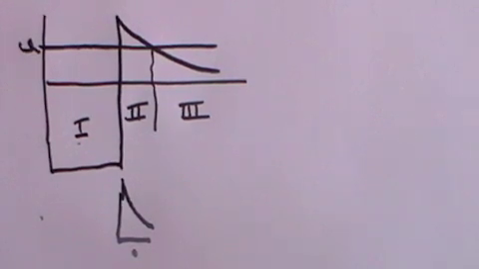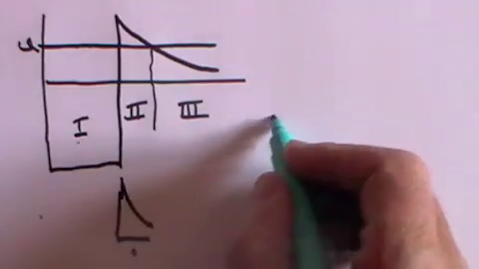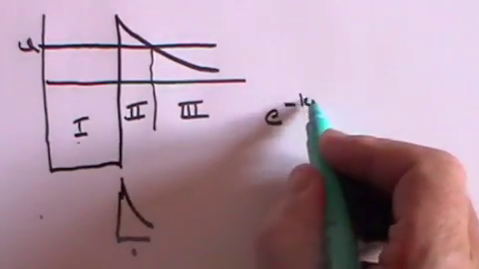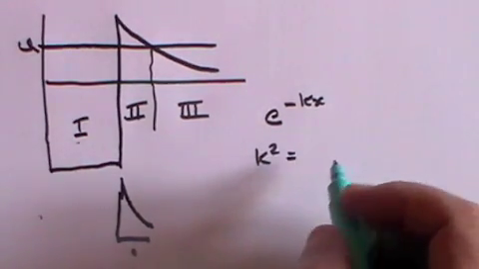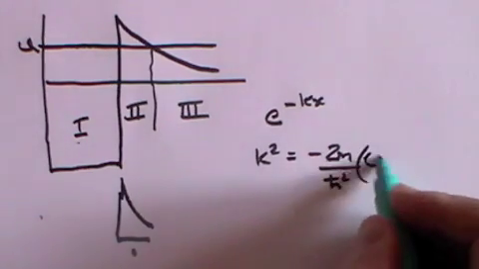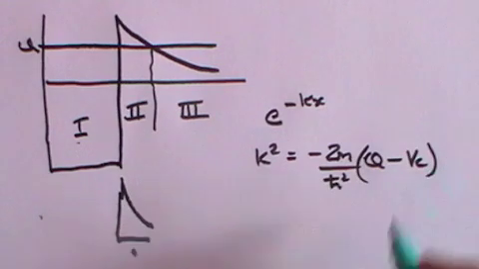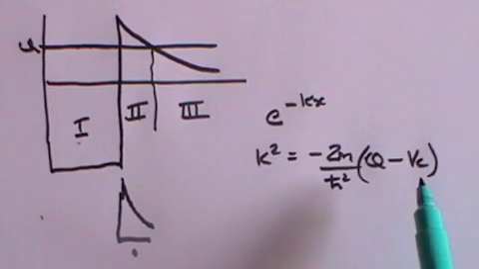Now, what is going to be the shape of that exponential decay? Well, this is an e to the minus kx decay, and you'll remember that k squared was equal to minus 2m over h bar squared times Q minus Vc. That was k squared, remember? So this shape is going to be heavily influenced by the difference between Q and Vc.